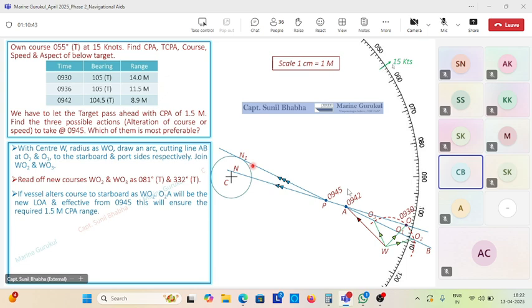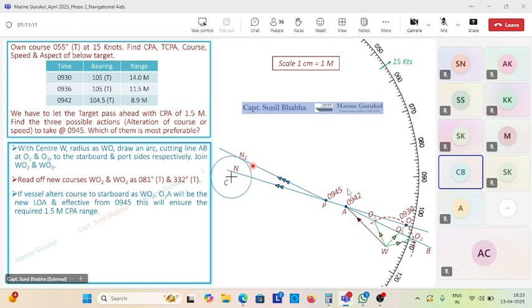You see this green arrow with 15 knots written? Yes, sir. So our ship is heading in this direction, and the question says we have to let the target pass ahead of us. The target should pass from the bow side, not from the stern side. So you see which side the bow is and you make the tangent on that side. Okay, sir. Thank you.